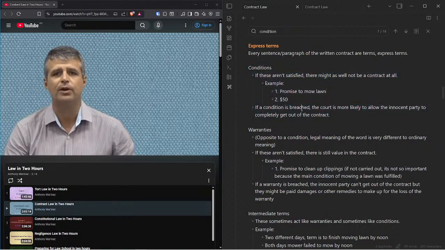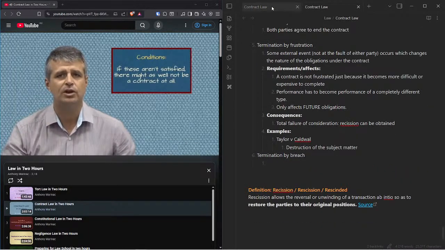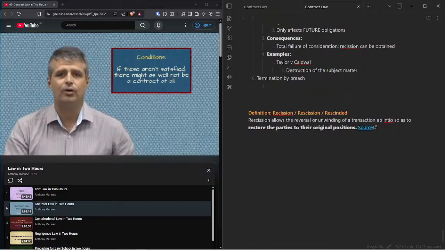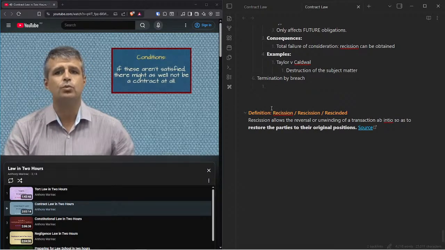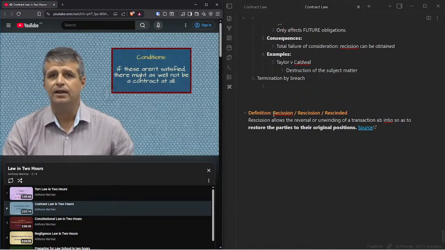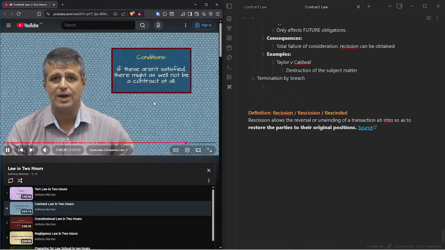But yeah. Breached. If it's a condition or an intermediate term that's acting like a condition, then a breach will give the innocent party the capacity to end the contract.